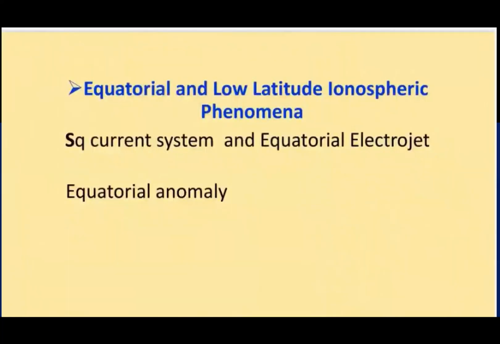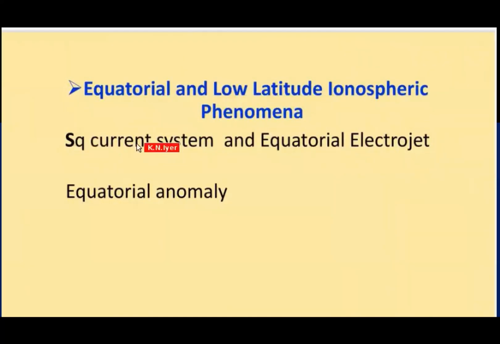So far we have discussed some of the aspects of the structure, and now we quickly go through some interesting phenomena that take place particularly at equatorial and low latitude ionosphere. One such is a sort of current system in the ionosphere, which is actually responsible for the geomagnetic field variation that we discussed earlier. So Sq current system they are called, S representing solar, and q for quiet conditions.